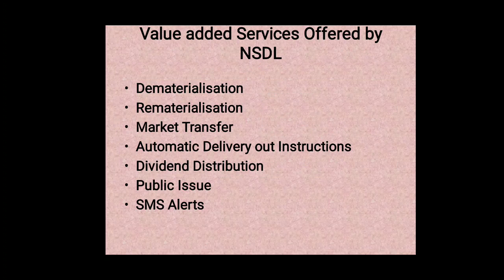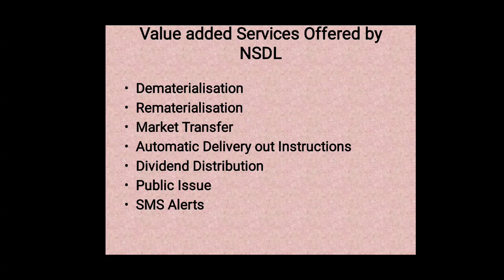Then you have automatic delivery out instructions. If any instructions are needed on your behalf, the clearing corporation will get all these instructions from NSDL, and the clearing corporation will execute all the auto transactions on your behalf.